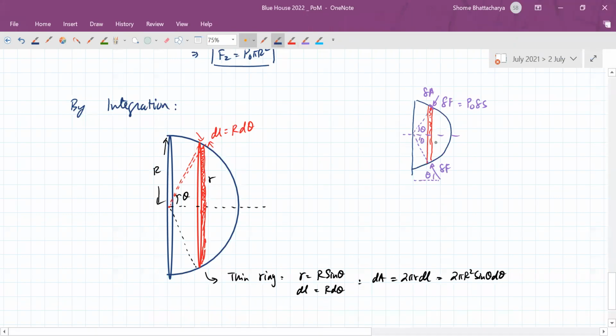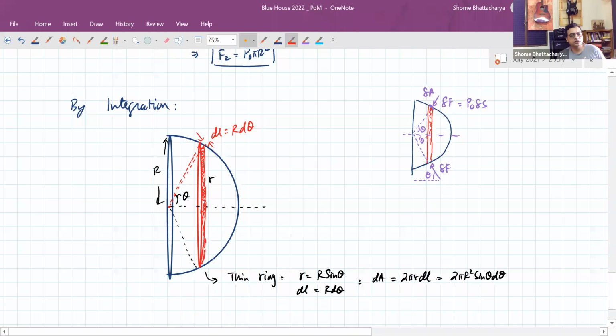That is why on the whole ring, the force will be in this sort of direction. So dF is the net force on the thin ring due to external pressure.